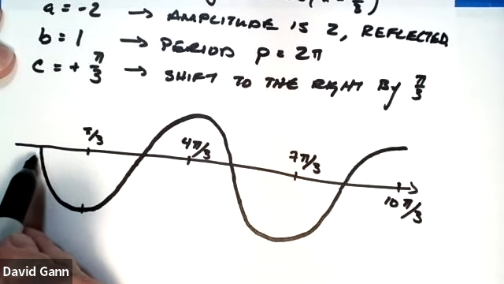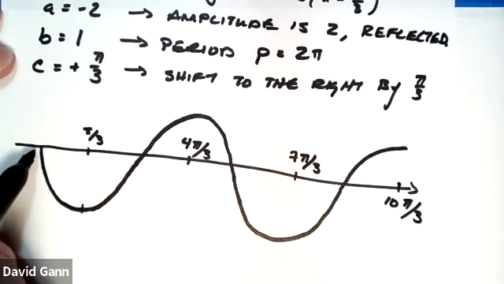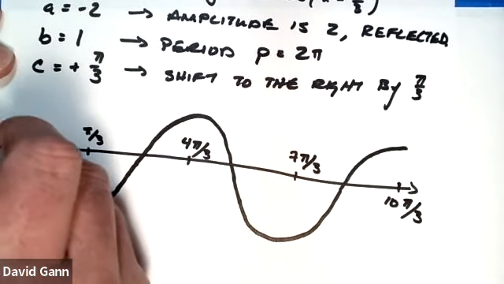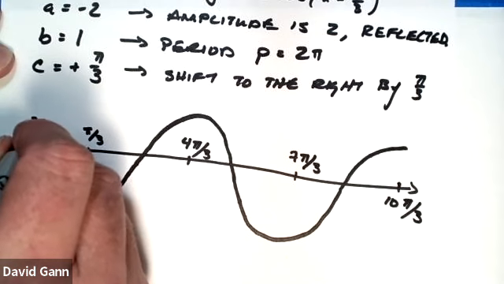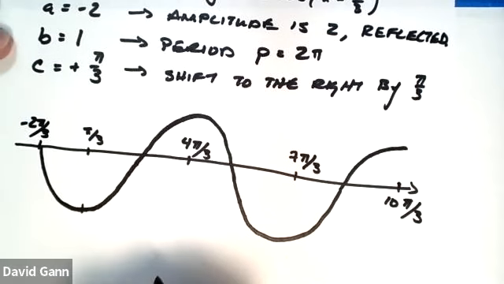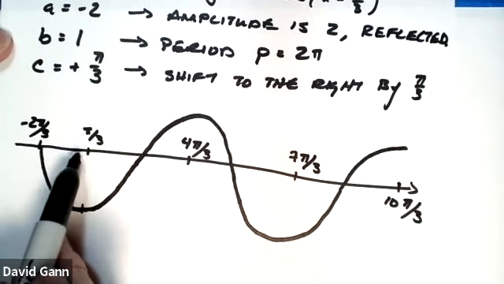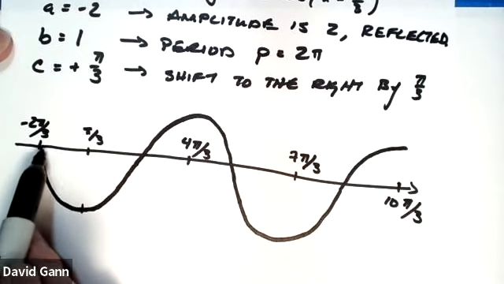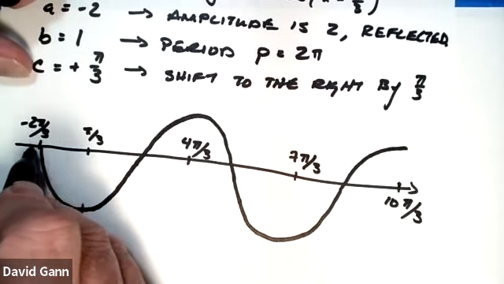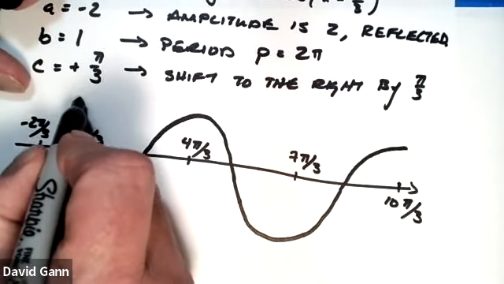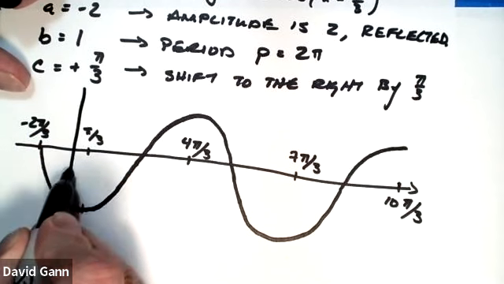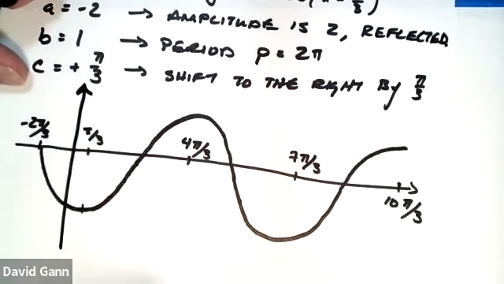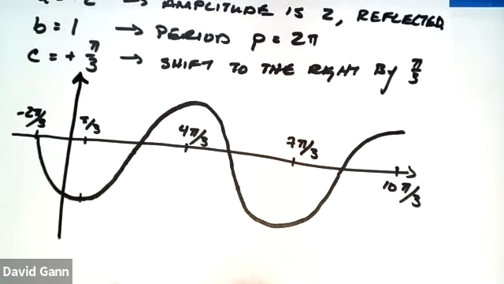Now, if we went backwards, this point back here would actually be -2 pi over 3. And so that gives us an indication of where the y-axis should be. It should be 2/3 of the way from this one to that one. So we're sitting right about there. Now, the only other question is about the amplitude.